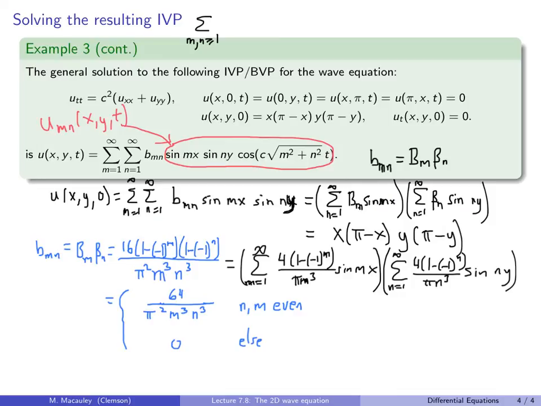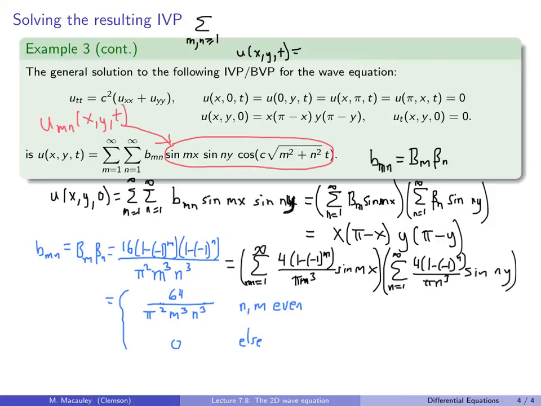Okay, so now let's plug this thing back into here. The particular solution is u of x, y, t, this double sum.